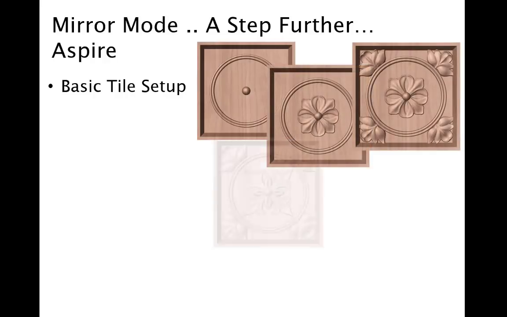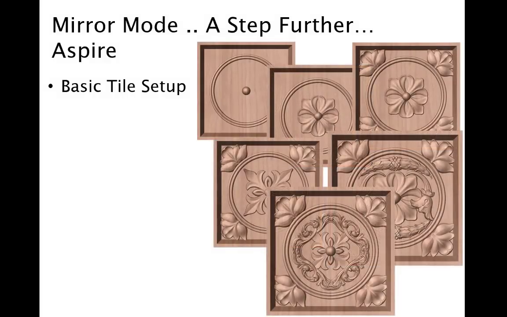So now that we've looked at a quick and easy example of the mirror mode being used in VCarve, we're going to look at another example that goes a step further using Aspire. We're going to start by working with a very basic tile, and ultimately we're going to look at decorating the tile using clipart and various mirror modes to create different compositions.